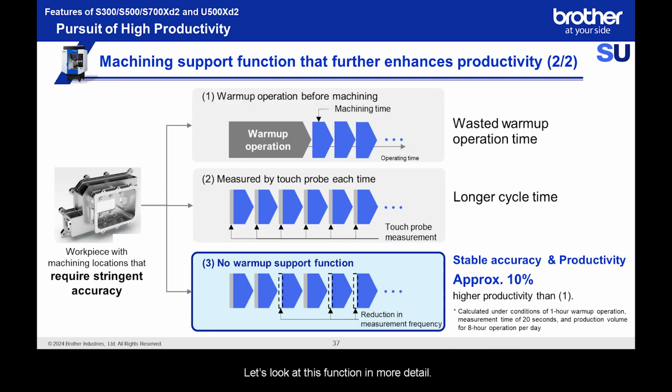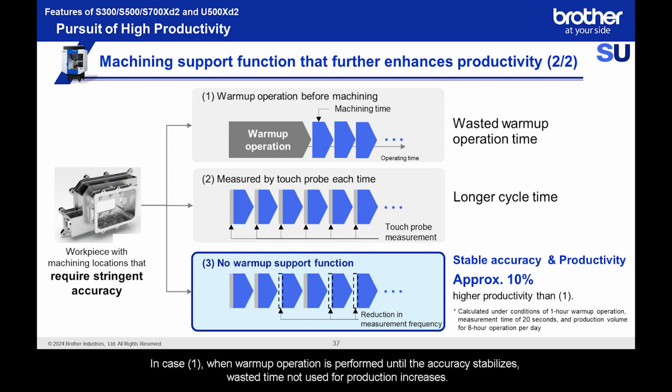Let's look at this function in more detail. As an example, take a workpiece that includes machining sections requiring strict accuracy. In case 1, when warm-up operation is performed until the accuracy stabilizes, wasted time not used for production increases.